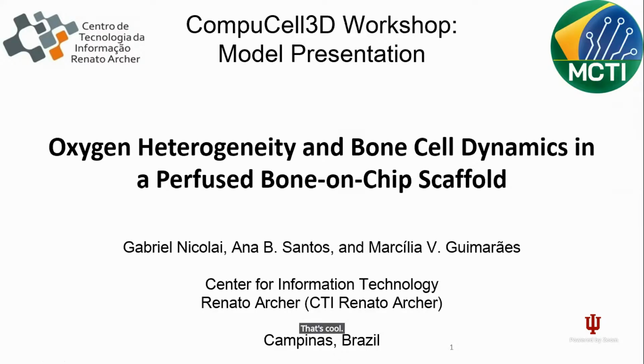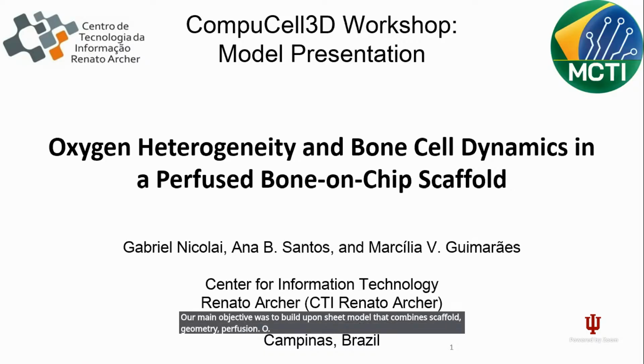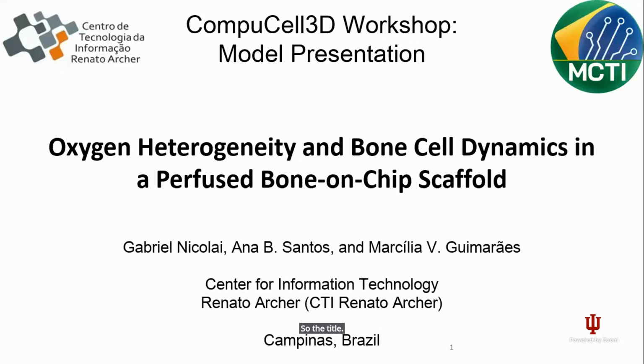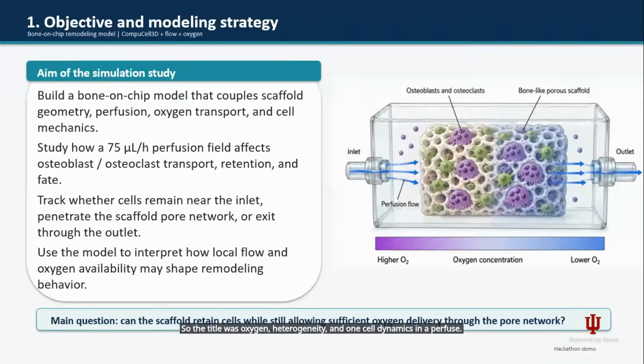Our main objective was to build a bone-on-chip model that combines scaffold geometry, perfusion, oxygen transport, and cell mechanics. So the title was Oxygen Heterogeneity and Bone Cell Dynamics in a Perfused Bone-on-Chip Scaffold. We want to understand how perfusion rate affects osteoblast and osteoclast transport, retention, and fate inside the scaffold.